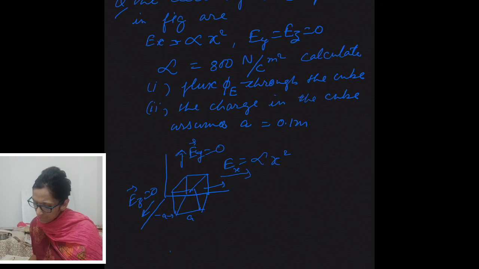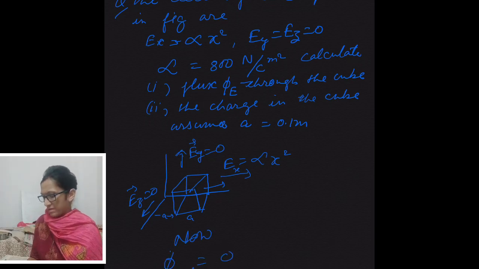Okay. And alpha has the value 800 Newton per Coulomb meter square. We have to calculate the flux.